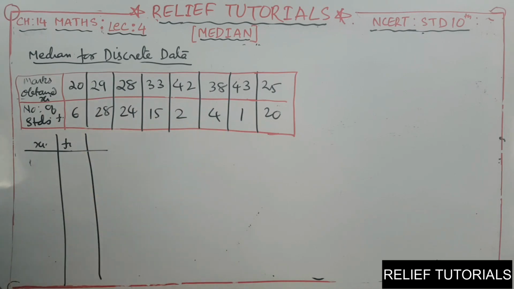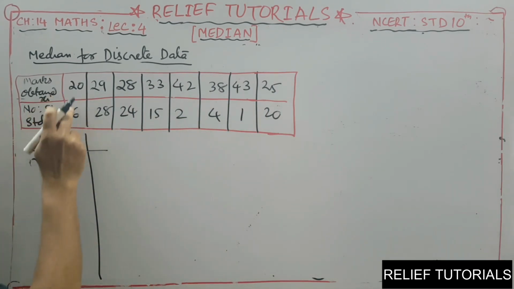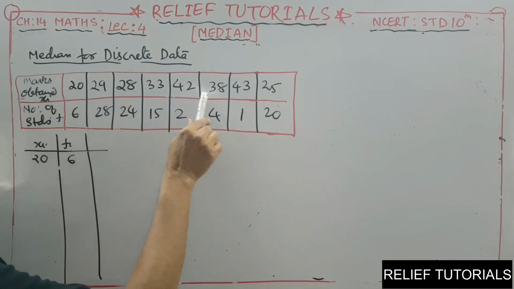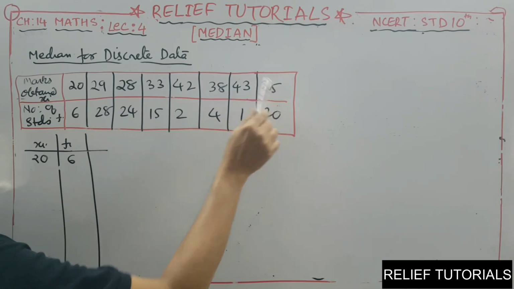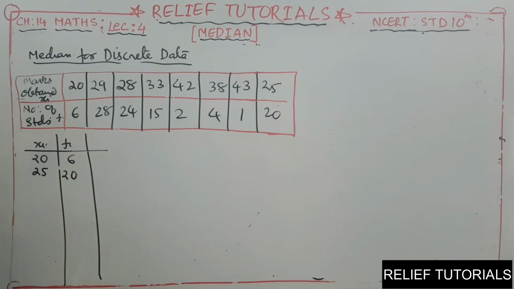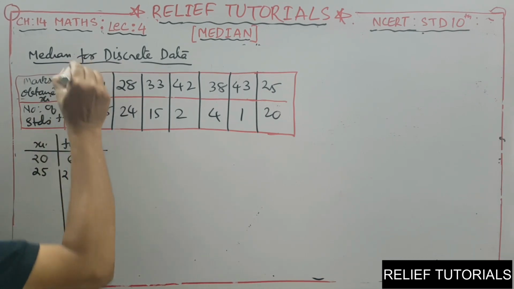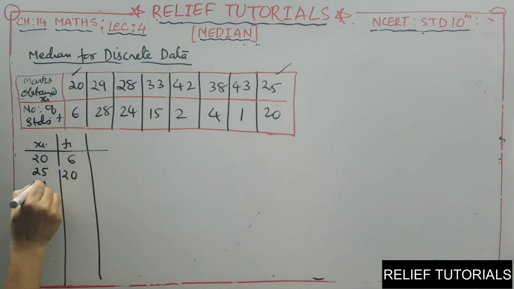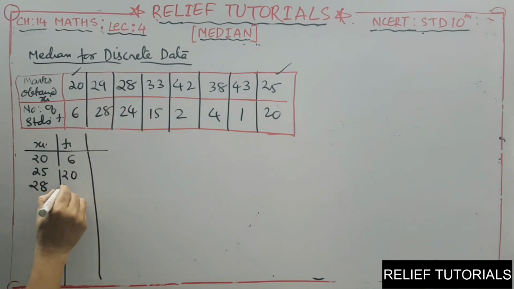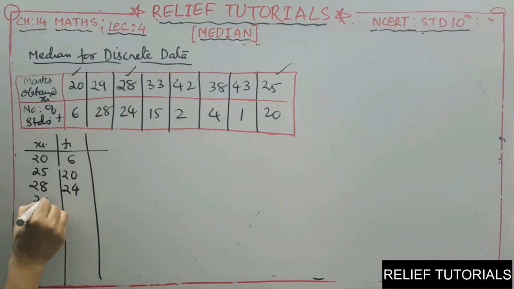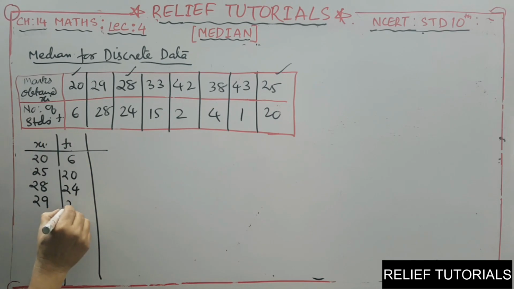Now come on, tell me which is the lowest mark here. 20 is the lowest mark. How many students got it? There are 6 students. After 20, what do you say? 25. How many students? 20 students. Then 26, how many students? 24. Then 28, how many students? 28.